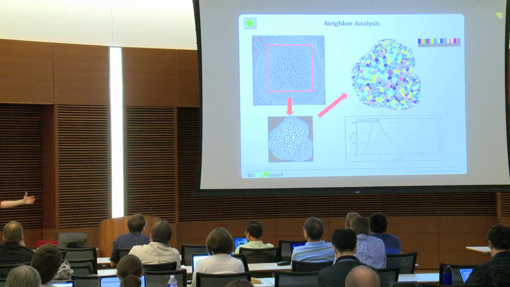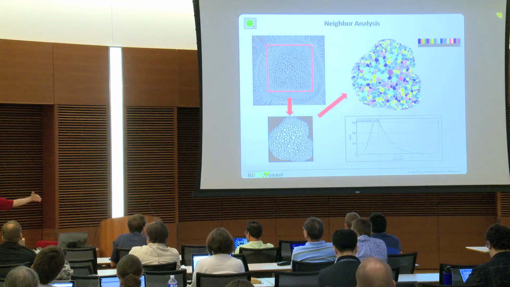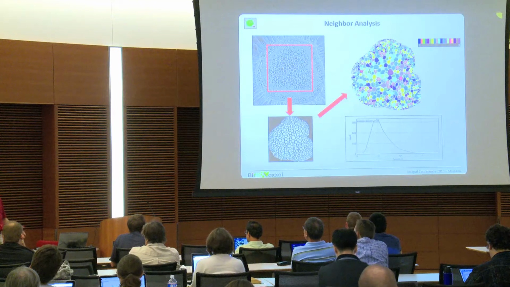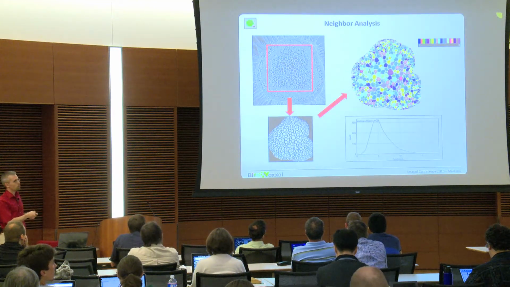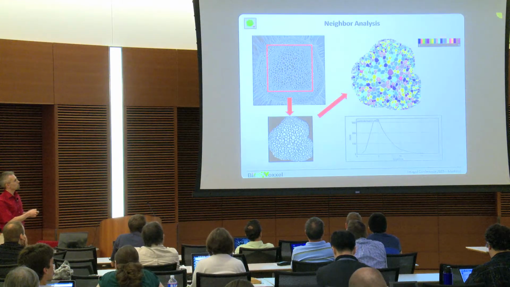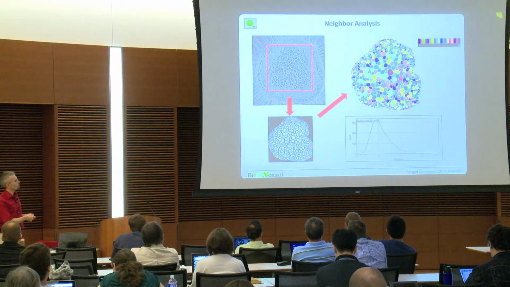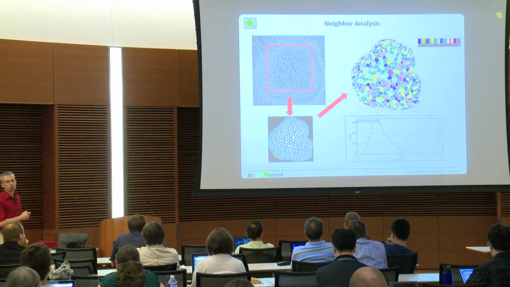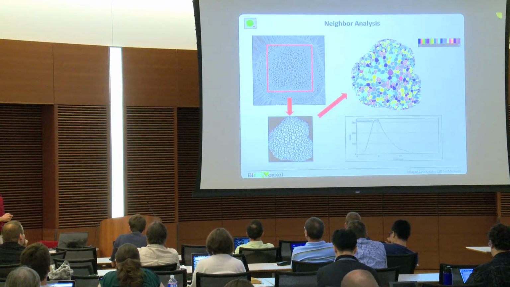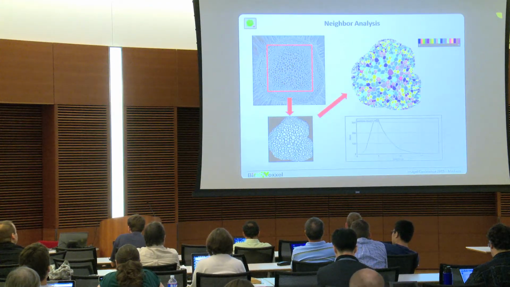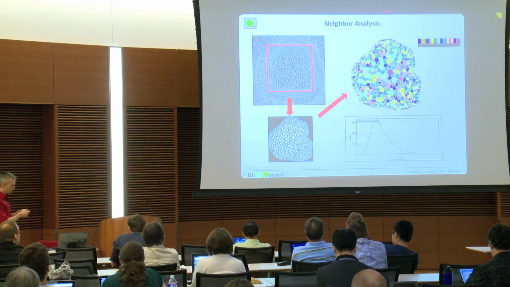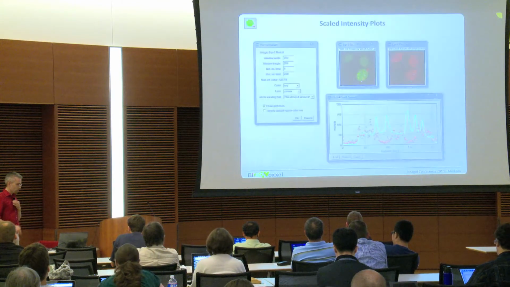You can tell the program, okay, in a distance of 50 pixels around each particle, how many neighbors are there? And that is then shown in color with the calibration bar, and it shows you the distribution. So here you clearly see that most of the particles have 5 neighbors and 4 neighbors, and then the neighbor distribution drops. So this is a possibility if you click on neighbor analysis.